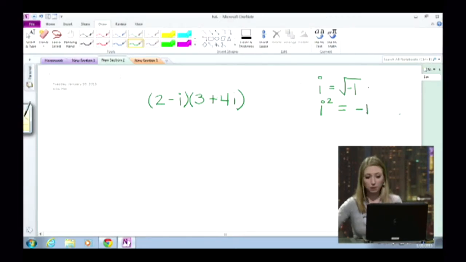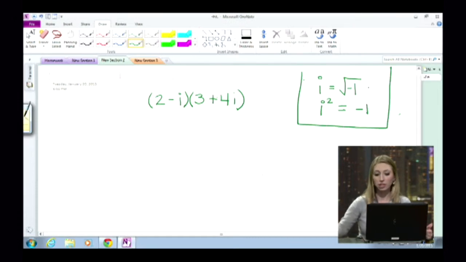These are kind of the big rules that I tell my students they need to remember when they work with imaginary numbers. If you're simplifying an expression, like this student wanted, then i works just like x does, except you need to simplify if you have a power that's above just 1.